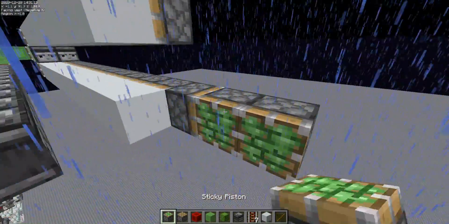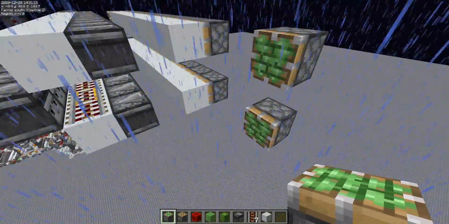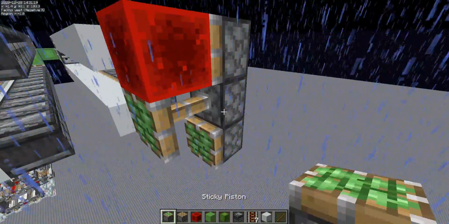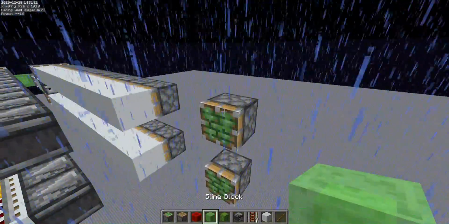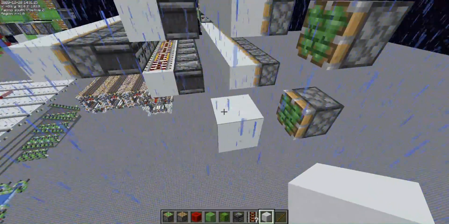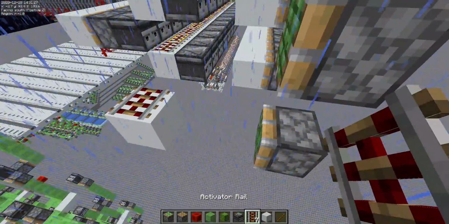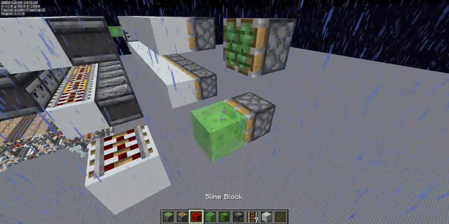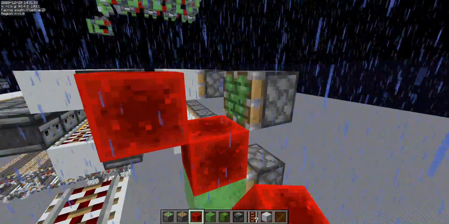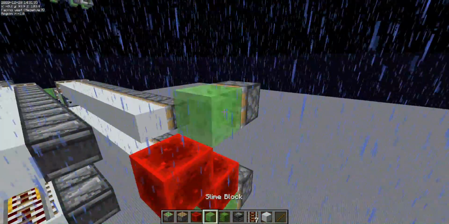Actually, no, if you put them like that, that's also a little bit difficult. Let me try something out. So you have like this here, then you have this here, and you have this here.